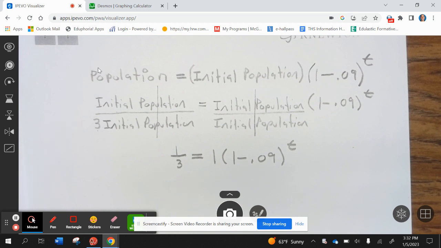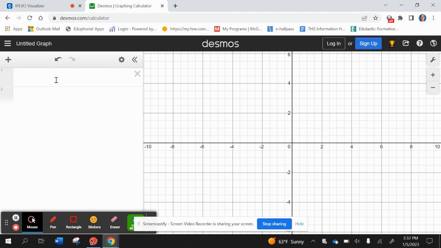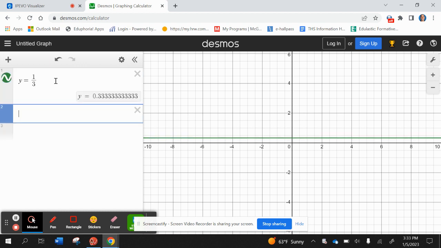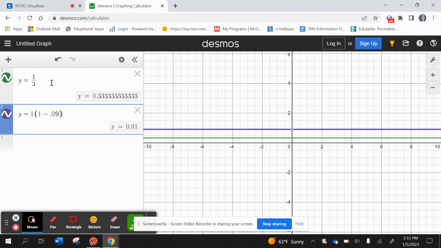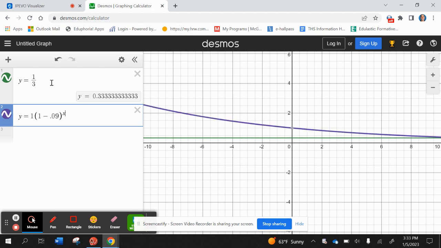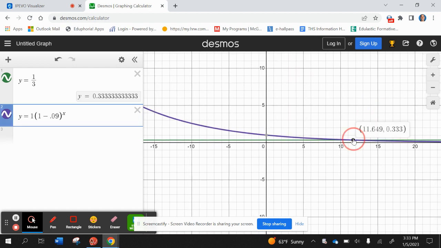Now, we can use the graphing method to solve this, so that's what we're going to do. We're going to go to Desmos. We're going to graph y equals 1 divided by 3, and y equals 1 times (1 minus 0.09). Now, we can't use t, we have to use x. Then we zoom out a little bit, and right there is our point of intersection.